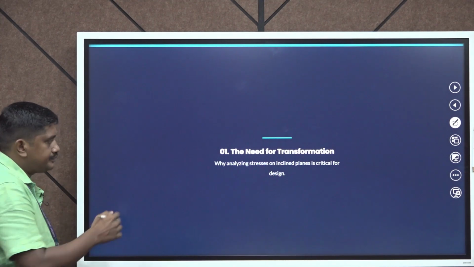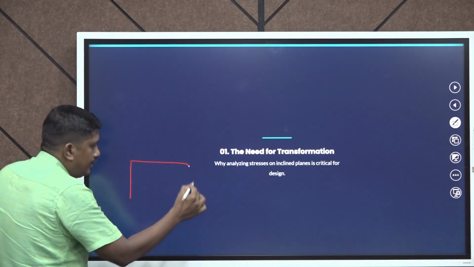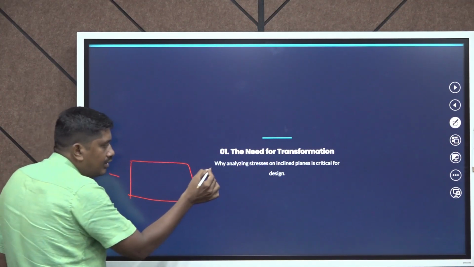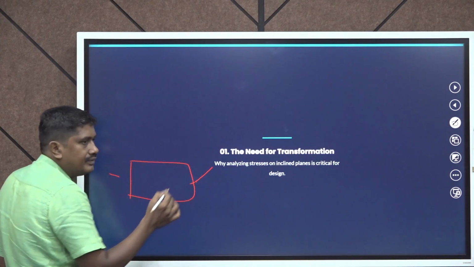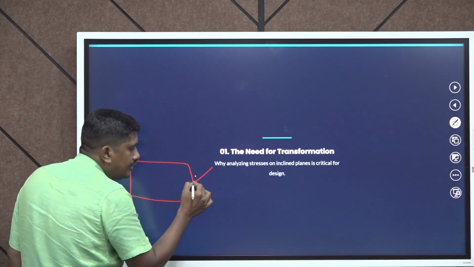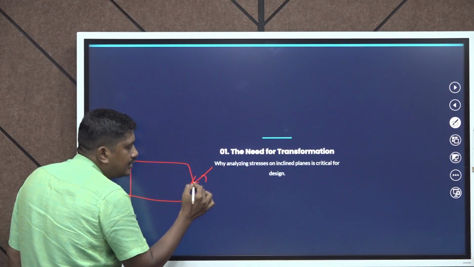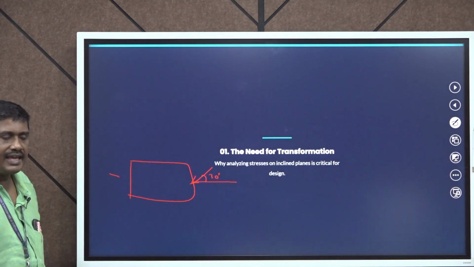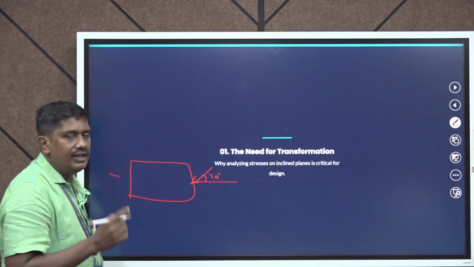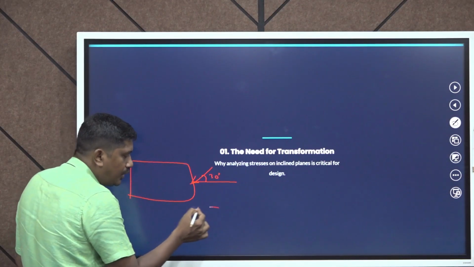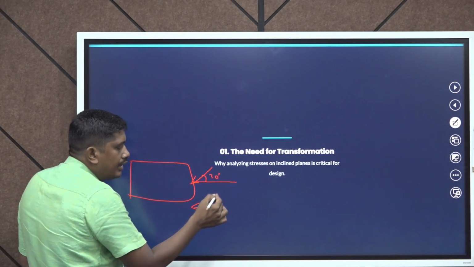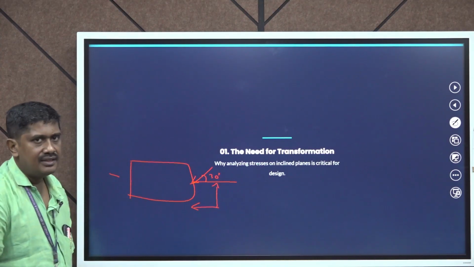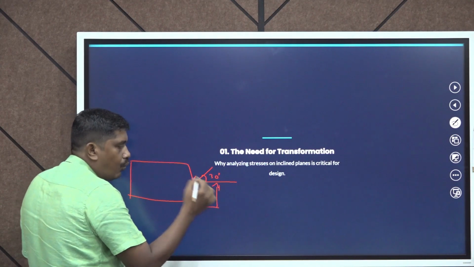For example, a part is loaded along some angle. Some angle means maybe 30 degrees. What will happen in this case? We should derive it into two components. First one along the x, and along the y.